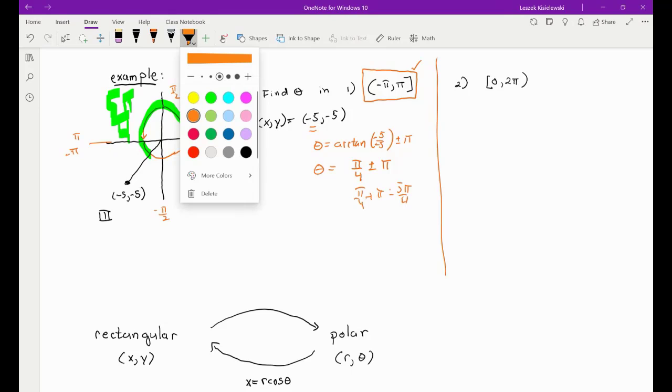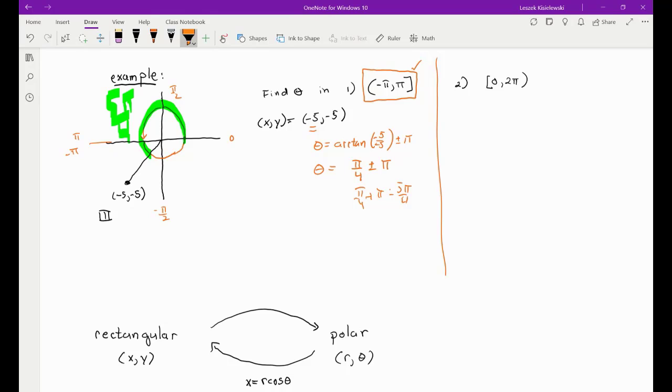But we were asked to find an angular measure that's in the interval from negative pi to pi, so we would be going clockwise from the positive x-axis. So we would want to subtract. So that measure is negative 3 pi over 4. Okay, very good.